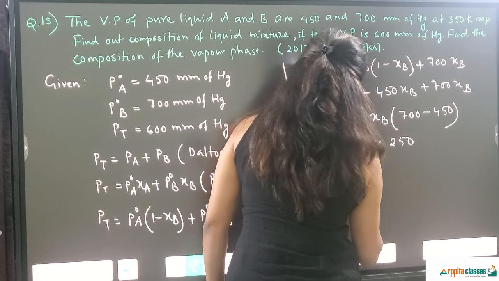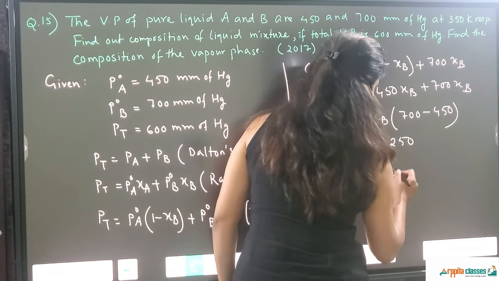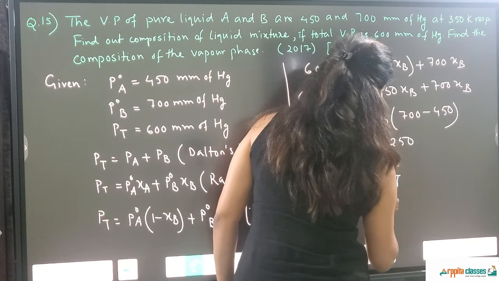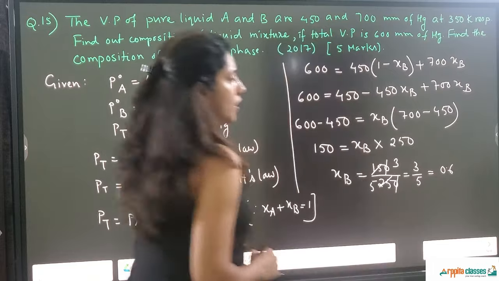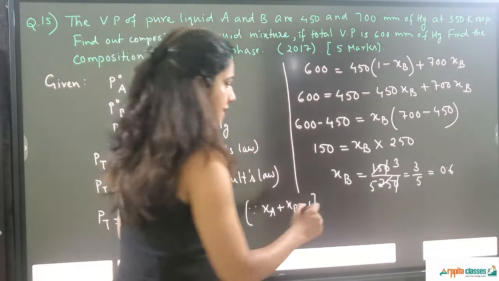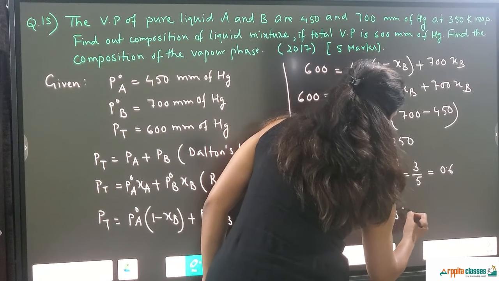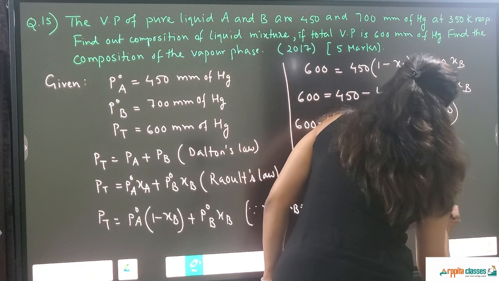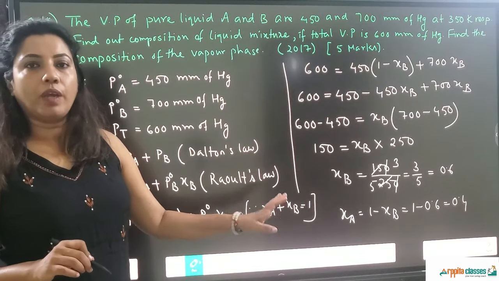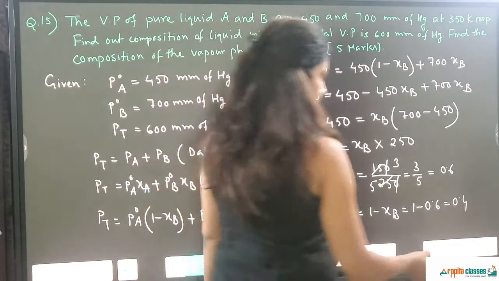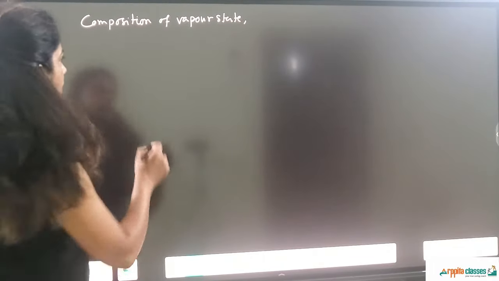So XB would be equal to 150 upon 250, that is 3 upon 5, that is 0.6. So we got the mole fraction of B, that is 0.6. So XA would be equal to 1 minus XB, that is 1 minus 0.6, which will give 0.4. So I got the mole fraction of A and B in the liquid state. Now we have to find out the composition of the vapor state.